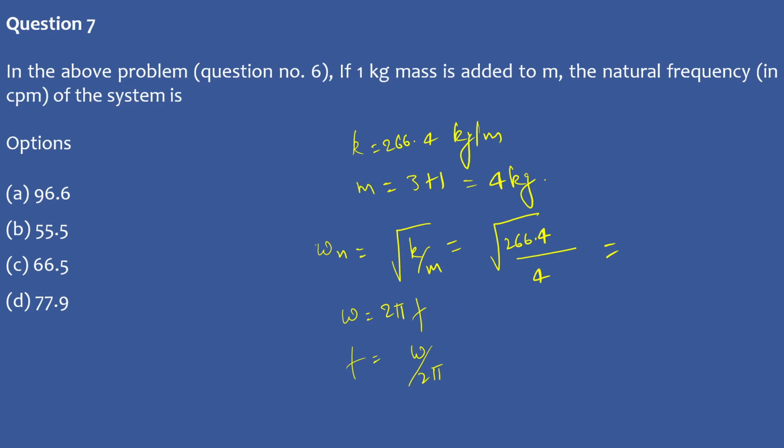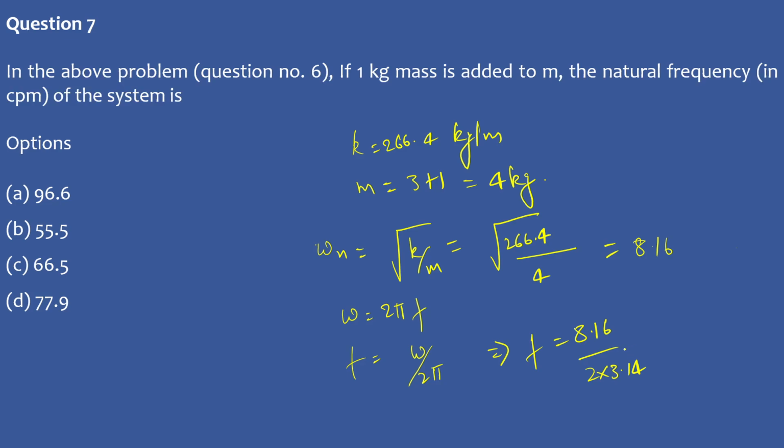Omega is the root of 266.4 divided by 4, which is 8.16. So your f is 8.16 divided by 2 into 3.14. That will be your natural frequency of the system.